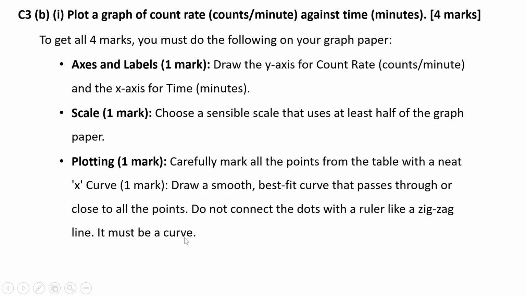You should know when to use a ruler and when not to. Graphs on half-life are not supposed to be drawn using a ruler. They are supposed to be points connected freehand, so it must be a curve.